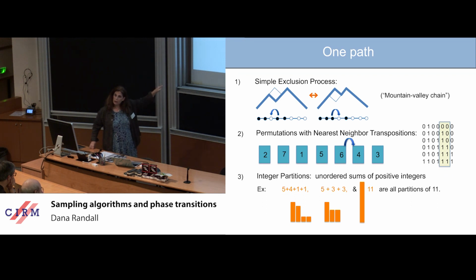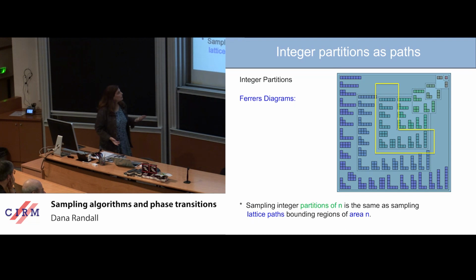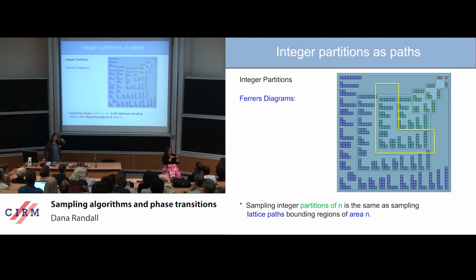If I sort, I'm representing this as a lattice path. What they have in common: these are the Ferrers diagrams of integer partitions. All of the partitions of 6 are in this yellow rectangle, and they're all of these monotonic paths with exactly area 6 underneath.